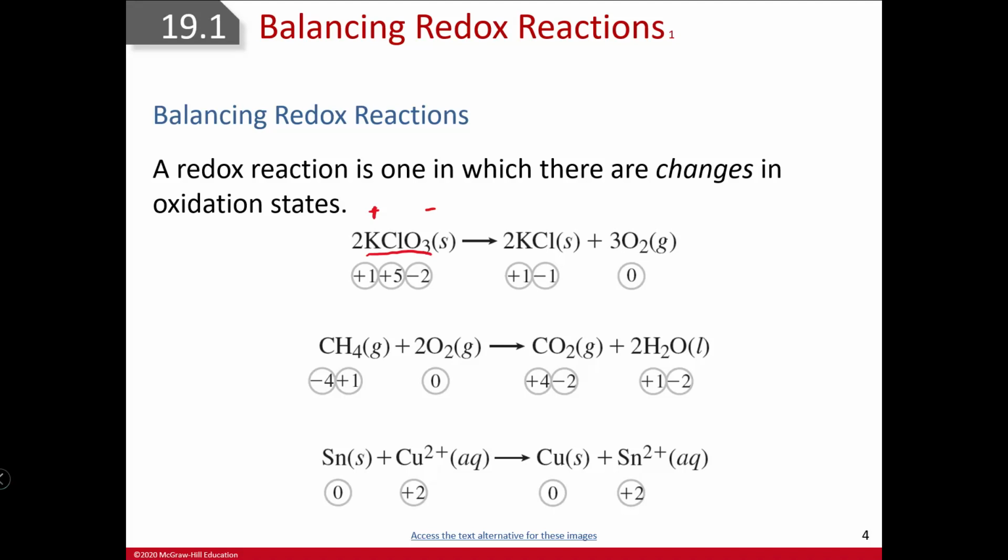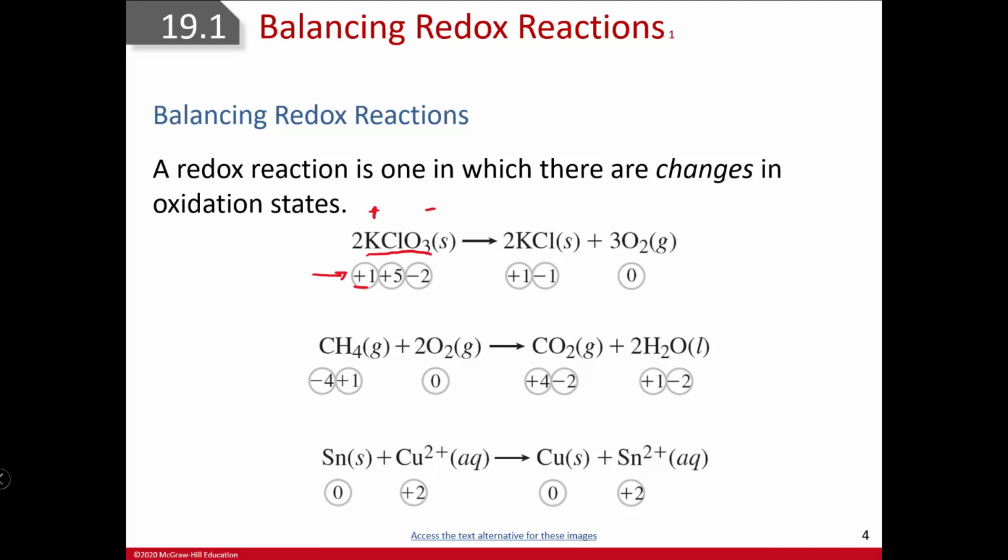So right off the bat, we know potassium is a positive one. And let me just say, by convention, when we're talking about oxidation states or oxidation numbers, you put the charge and then the number, all right? So there's a rule that says potassium should always have a positive 1 oxidation state.